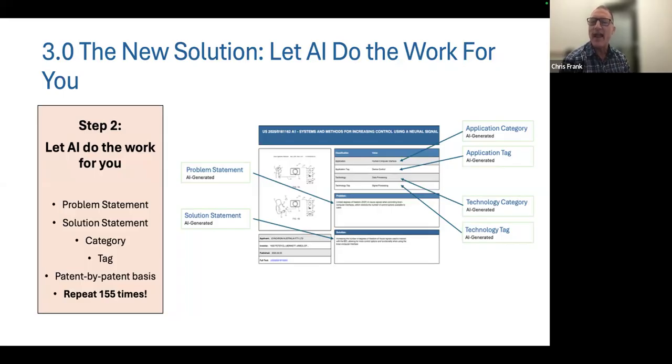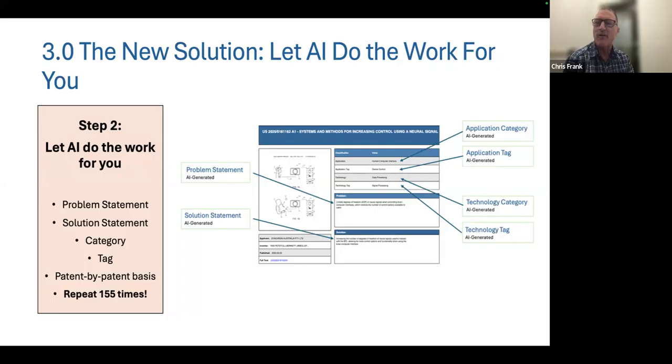The AI is going to categorize each of these patents based on its problem and solution statement, and it's going to tag them or subcategorize them as well. And in this case, I've decided I have two separate groups of categories. I have an application category. So is it a medical application or a consumer application, that sort of thing? Then I also have a technology category.